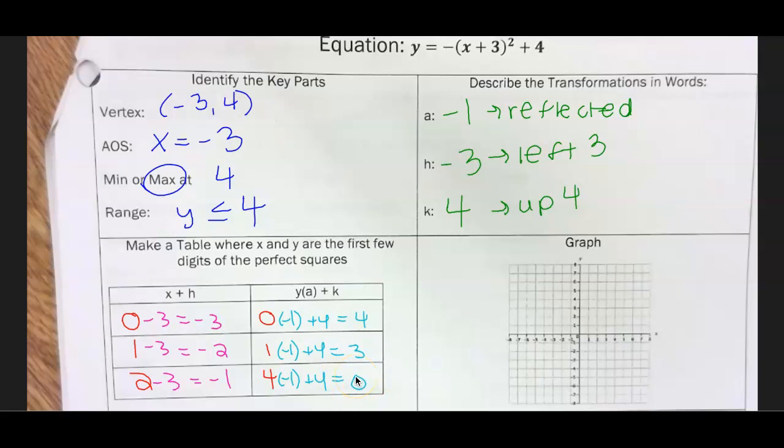So what do I do with those numbers now? I graph them as ordered pairs. So you're going to graph negative 3, 4. You're going to graph negative 2, 3. And you're going to graph negative 1, 0.